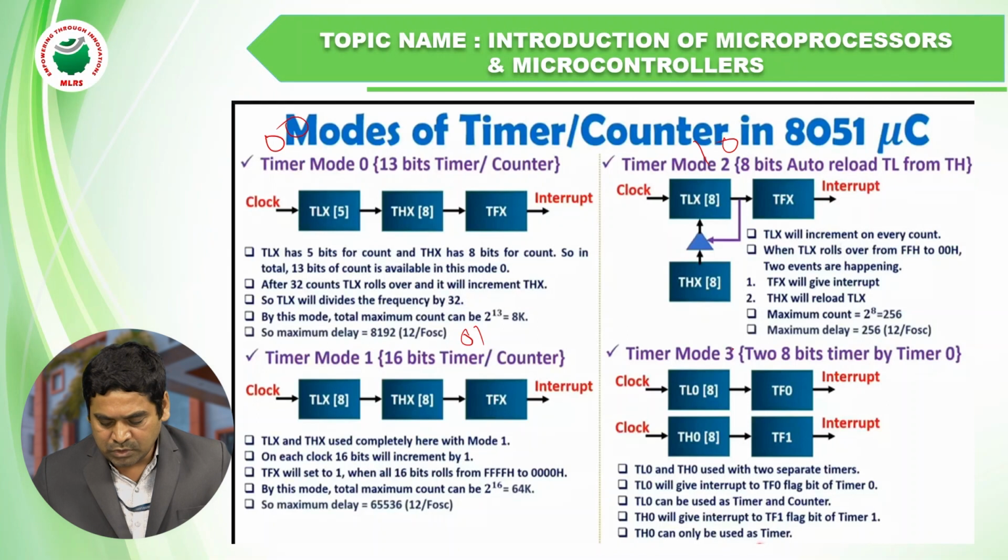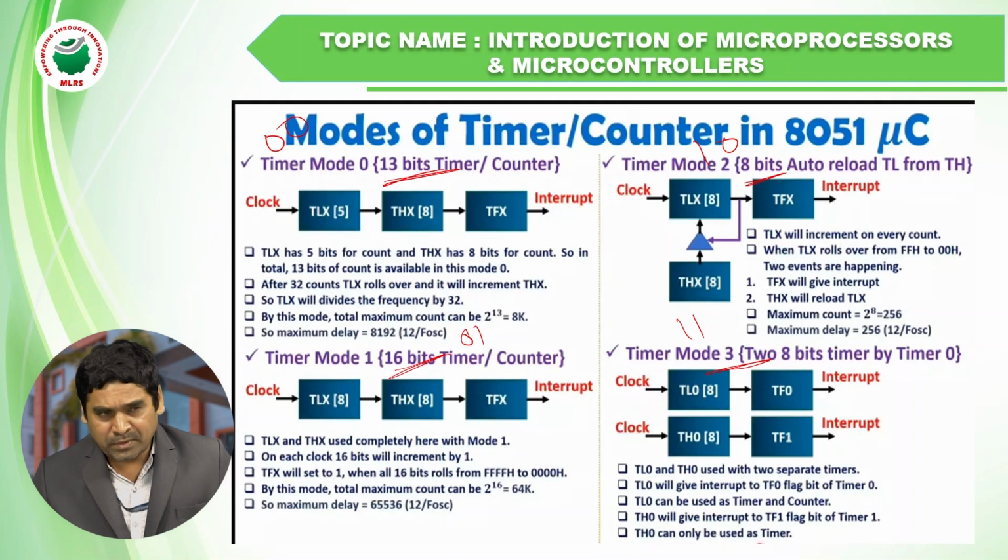Timer mode 0 contains a 13-bit timer or counter. Timer mode 1 is 16 bits. Similarly, mode 2 is 8 bits, and timer mode 3 is 8 bits. So here all are blocks.